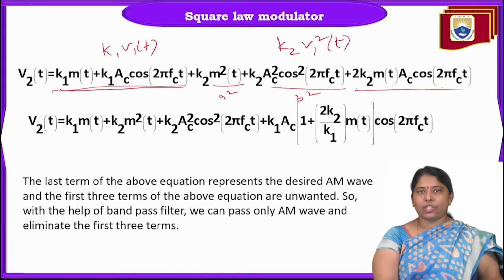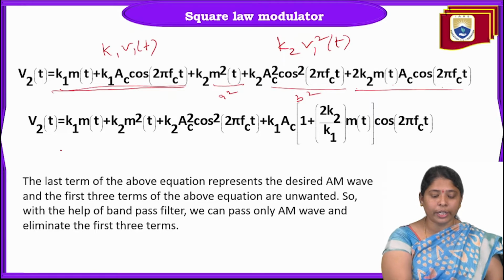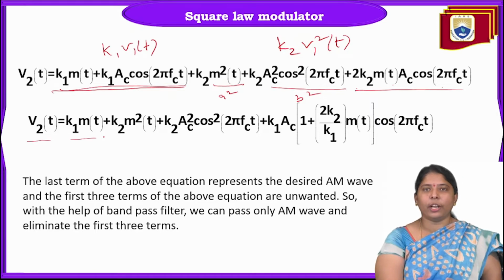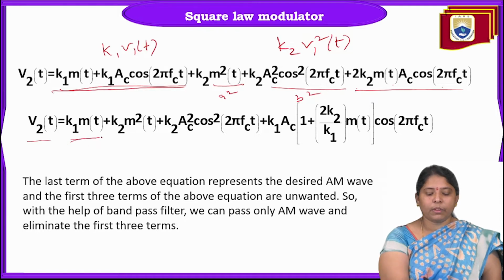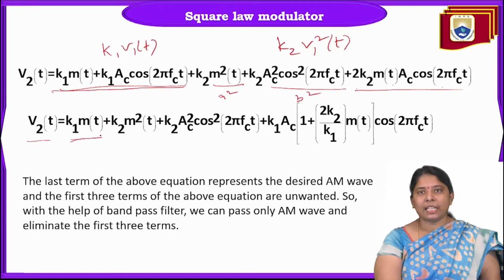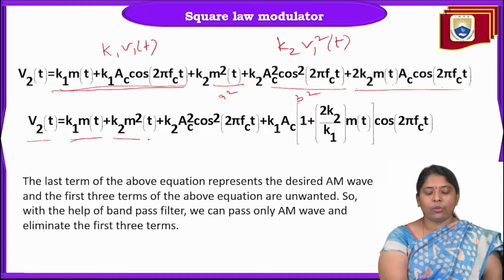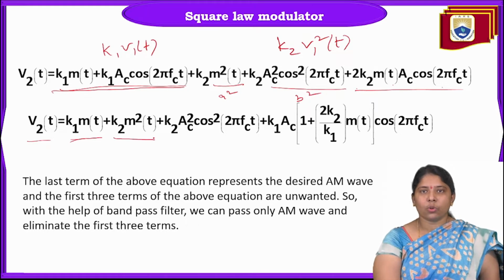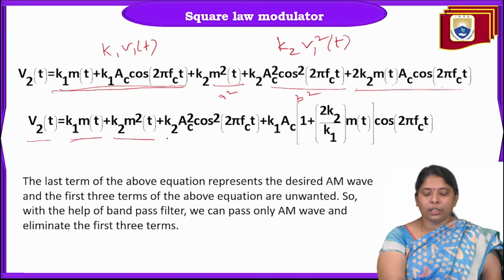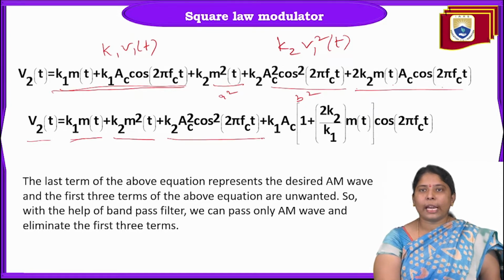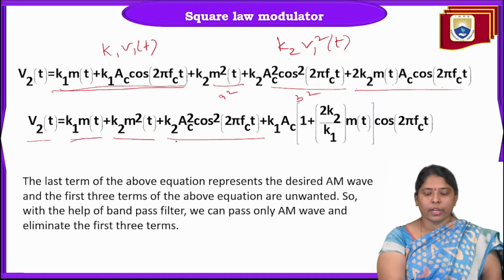After expansion, we see V2 of t equals the first term K1 into m of t. What is this term? K1 into m of t is the message signal. What is K2 into m square of t? It is the squaring of the message signal. The third term is K2 into Ac square into cos square 2 pi fct.